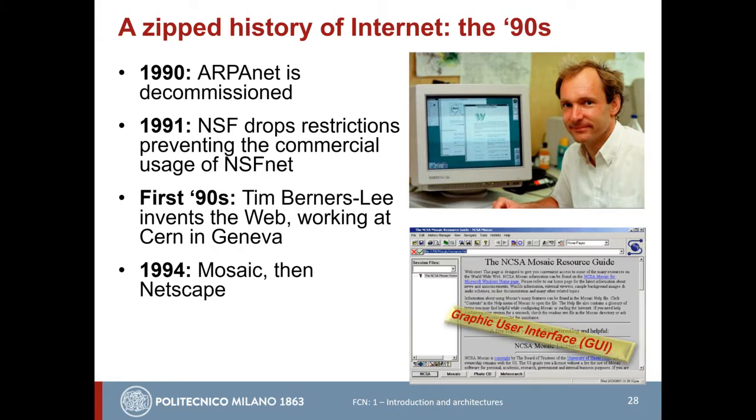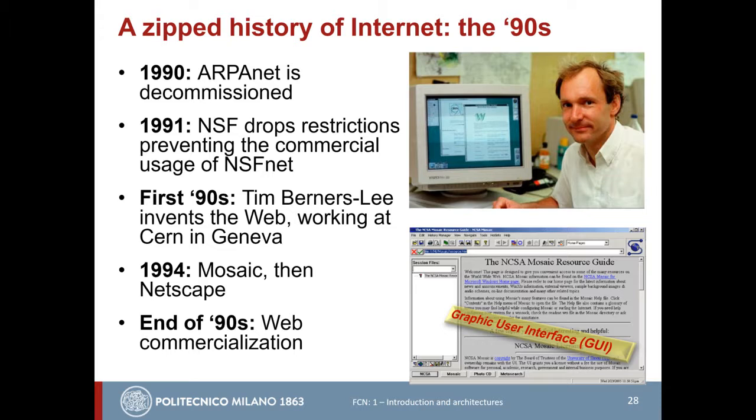And also on the side of the interface towards users, we have the first programs adopting the GUI, graphical user interface. For example, Mosaic and Netscape were the first browsers. And also the web was released for commercialization, so ARPANET was decommissioned.